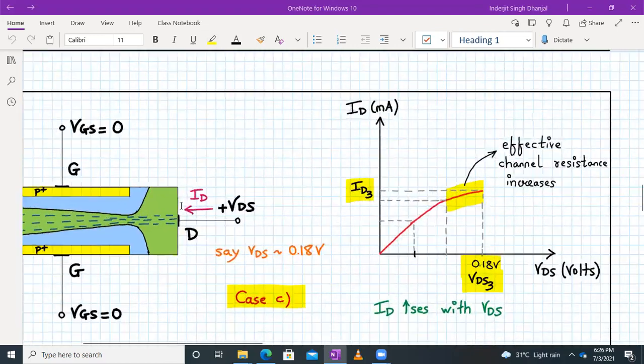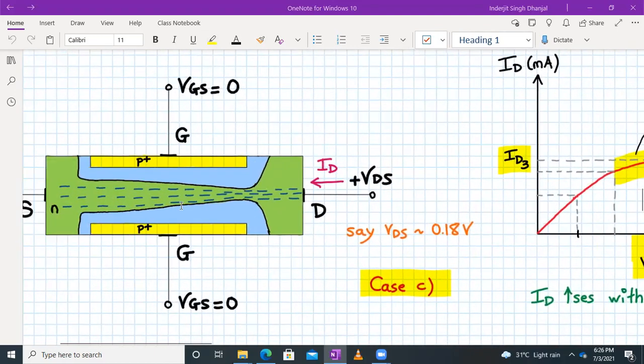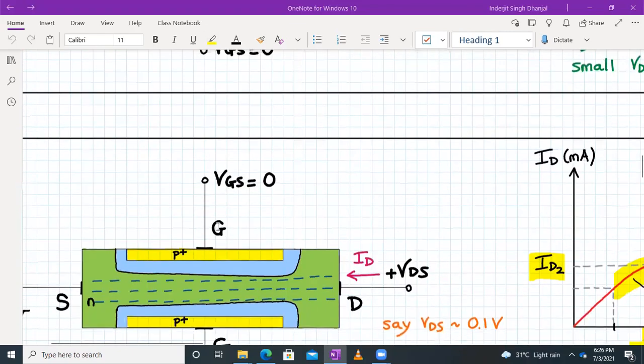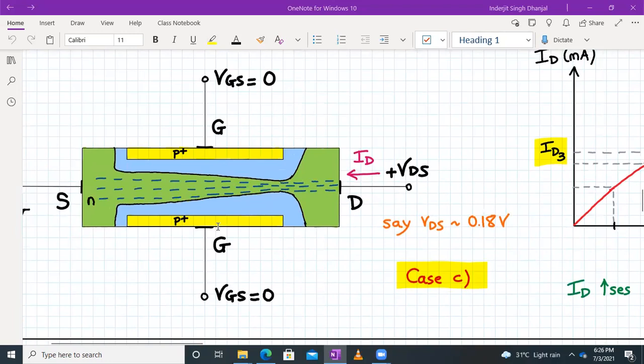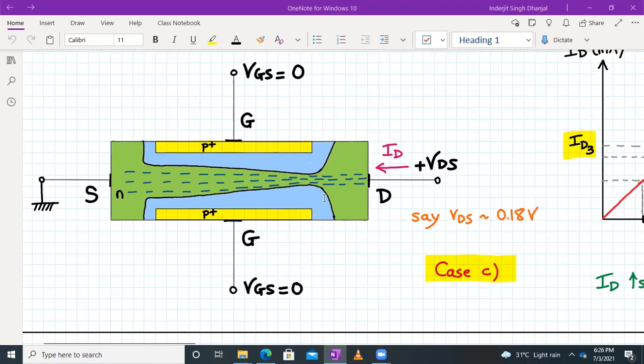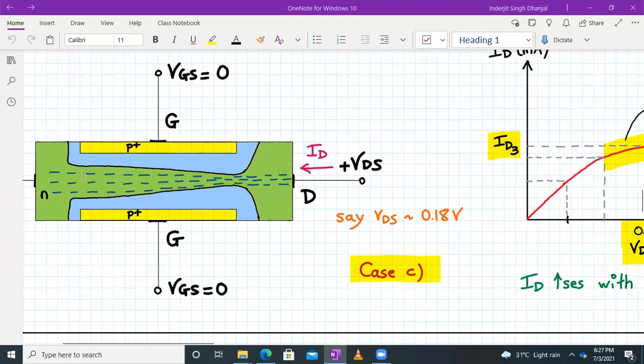So further, if we apply a VDS voltage of, let's say, 0.18 volts, as you can see, the drain to source voltage has increased further, and the PN junction near the drain and the gate region has widened more, reducing the area near the drain region. So what will happen? The current will continue to flow.